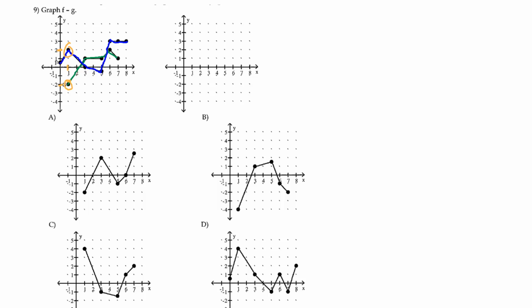Notice that at that value, this point has a y value of 2, whereas this point has a y value of negative 2. Remember that what we had was f minus g.